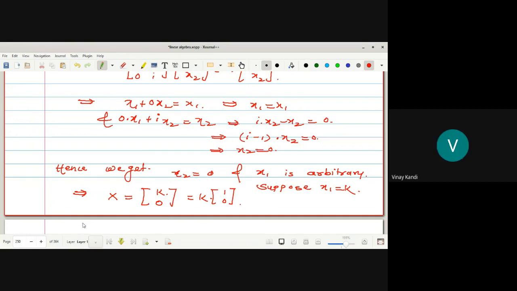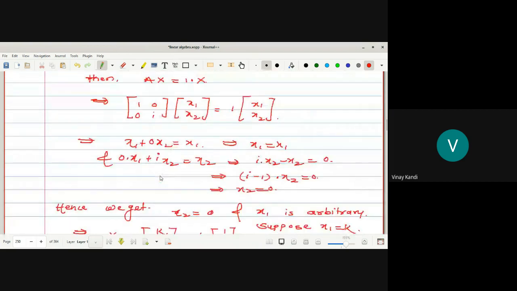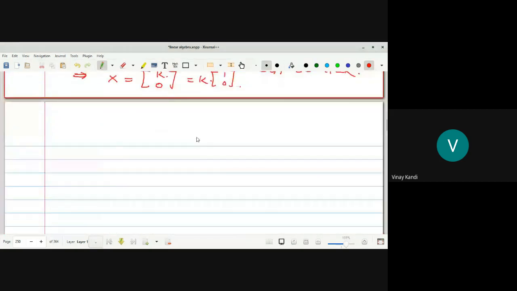Similarly, find the characteristic vector corresponding to the eigenvalue I. Find it out. What will come there?